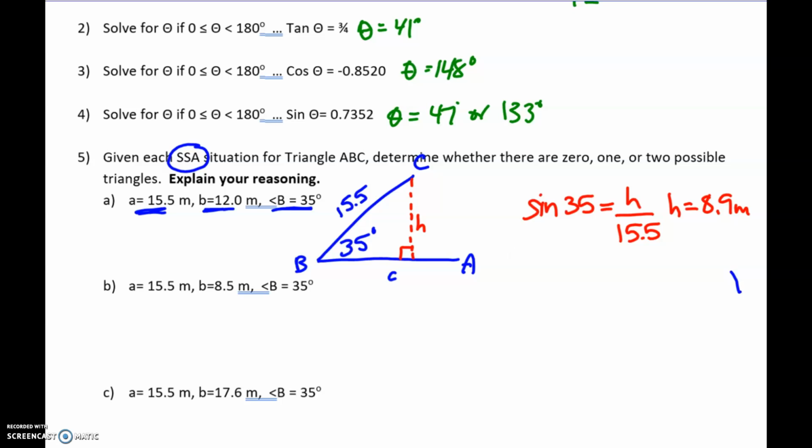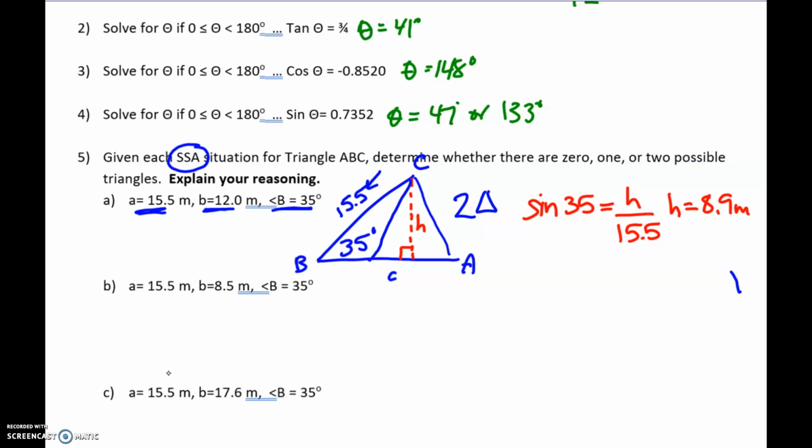And I deleted too much. That's okay. We'll draw the 12 here. That's one triangle it could make. And then if I am able to, I want to try to swing that over. I can't. It won't let me flip it. Okay, I'll just draw it again. Another 12 would work here. We know that because 12 is shorter than 15, so it's going to touch there. So here we can make two triangles.